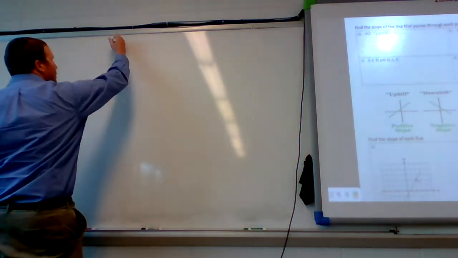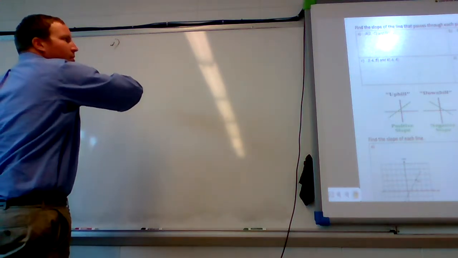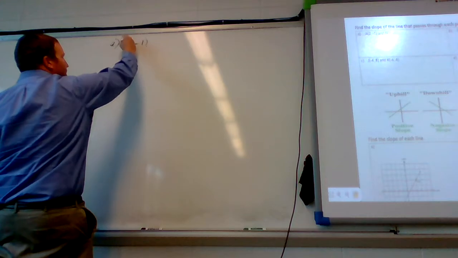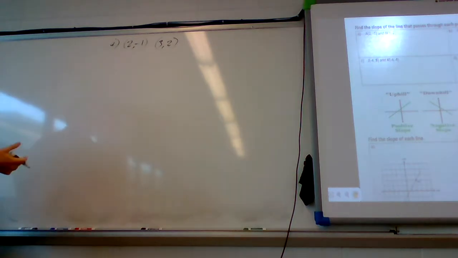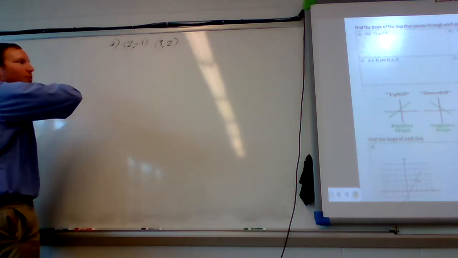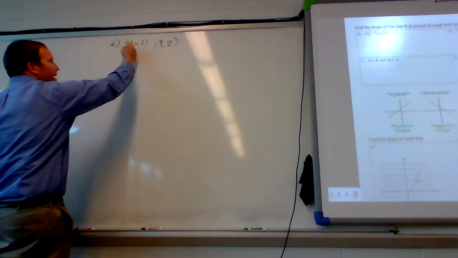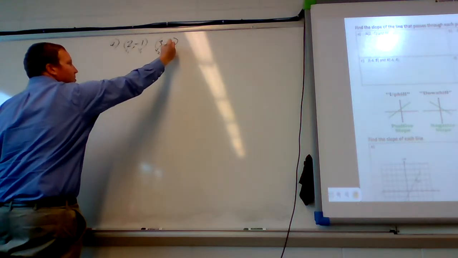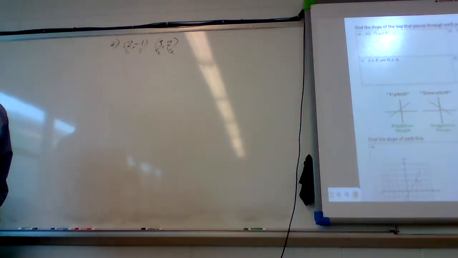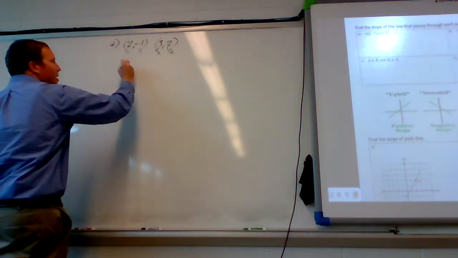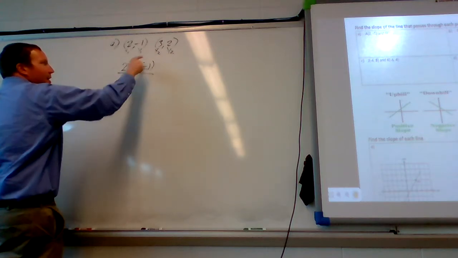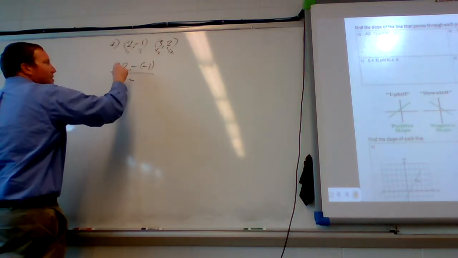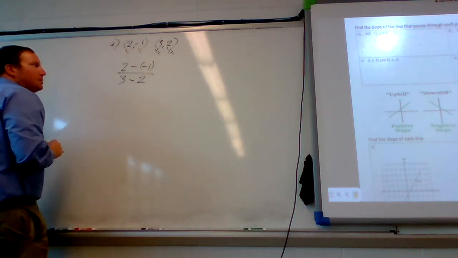So we got A. We've got the point 2, negative 1, and the point 3, 2. So we can find the slope of the line between these 2 points by saying, here's my x1, here's my y1, x2, y2. So we can plug it into our slope formula. So y2, which is 2, minus y1, which is negative 1, divided by x2, 3, minus x1, which is 2.